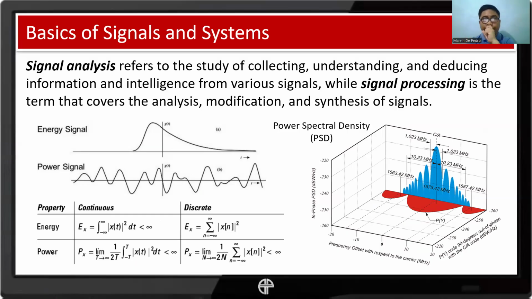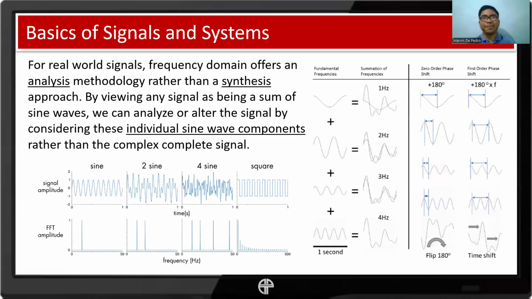In the meantime, these are some of the keywords that we have to watch out for. For real-world signals, frequency domain offers an analysis methodology rather than a synthesis approach. By viewing any signal as being a sum of sine waves, we can analyze or alter the signal by considering these individual sine wave components rather than the complex complete signal.